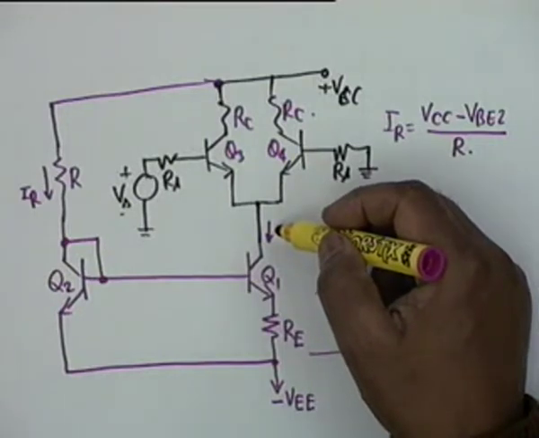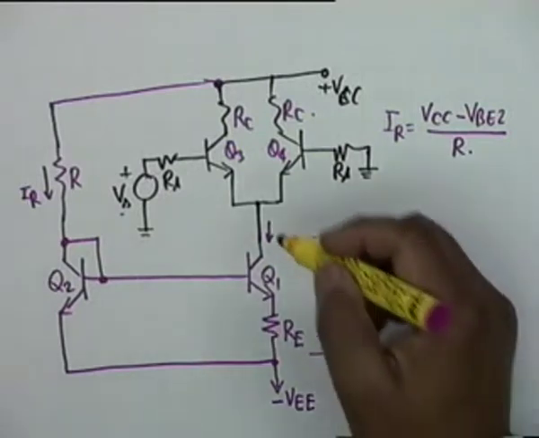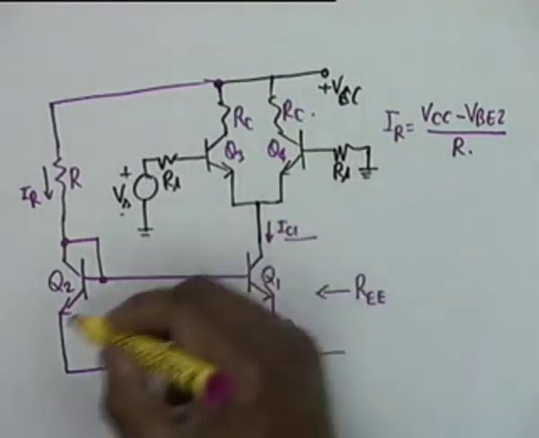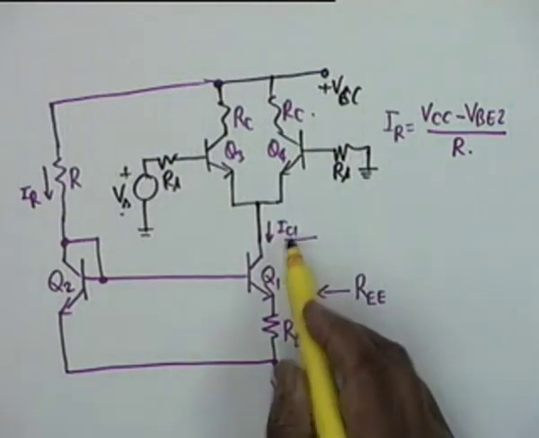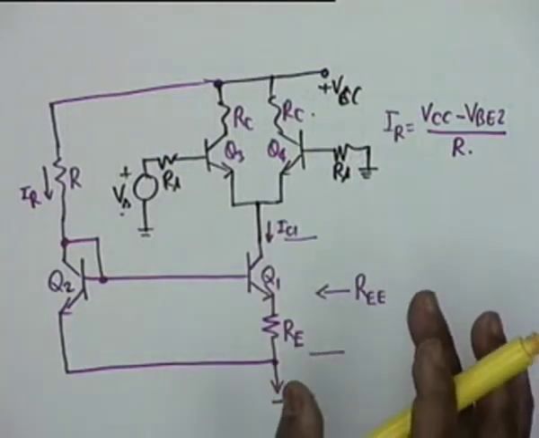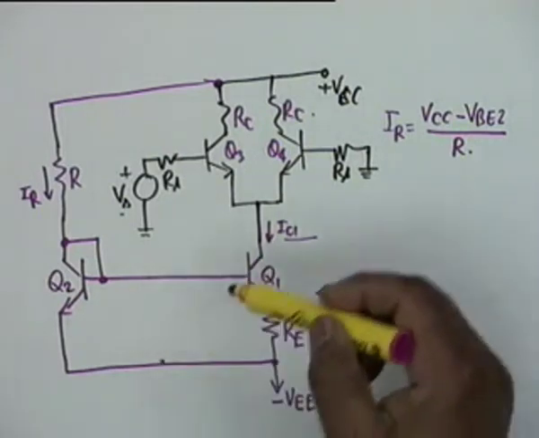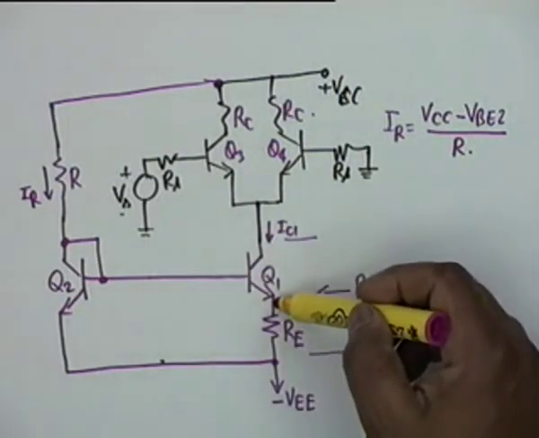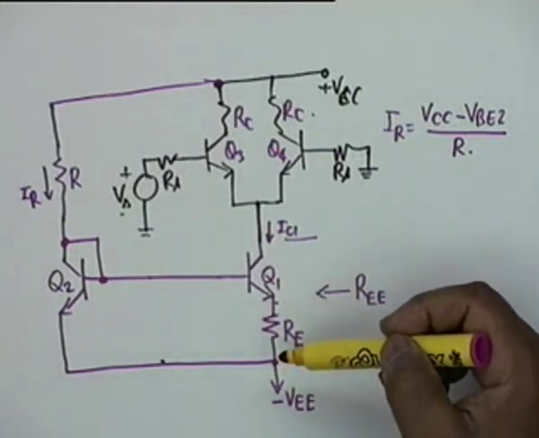No. That was the purpose of including RE here, so that IC1 can be made different from IC2. And they are related by an exponential relationship. What you do is VBE2 is equal to VBE1 plus IC1 RE.